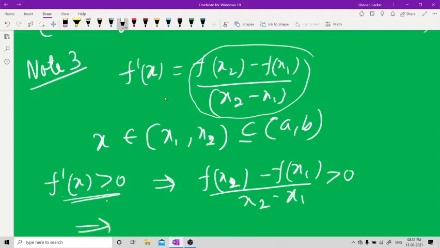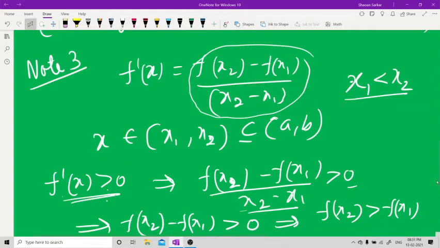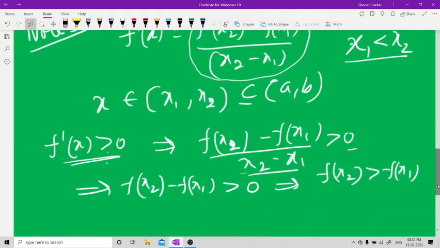This implies, cross multiplying, fx2 minus fx1 is greater than 0, and I have taken the condition x1 is less than x2. So I am saying fx2 is greater than fx1, which is the same as fx1 is less than fx2.